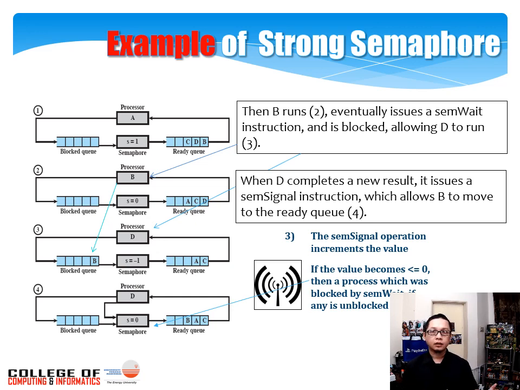So if the semaphore value is 0 and above, then the process that is the first in the block queue will be released and permitted back into the ready queue.